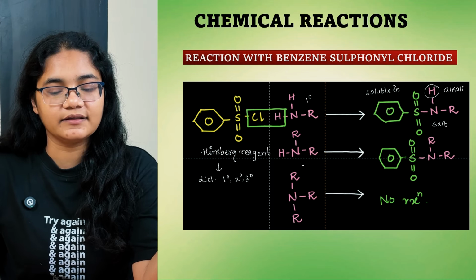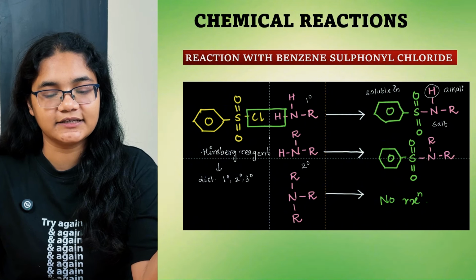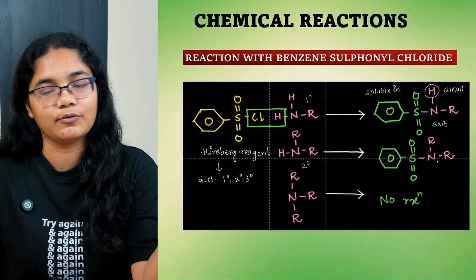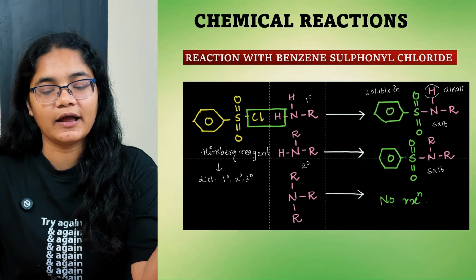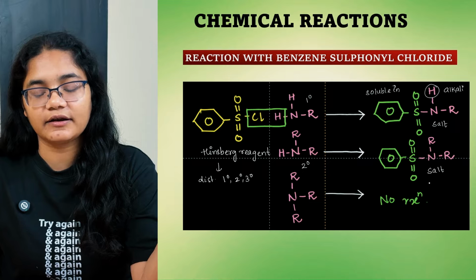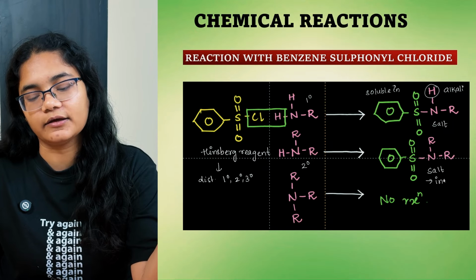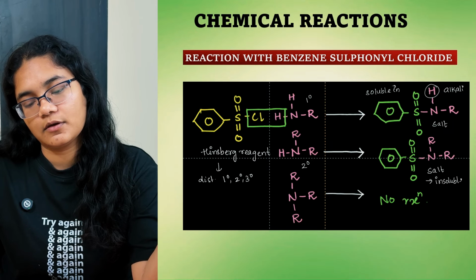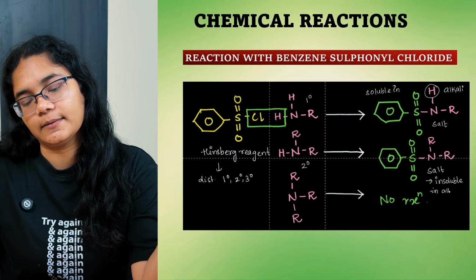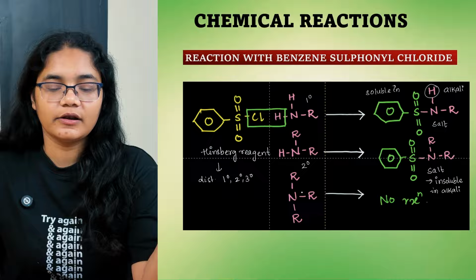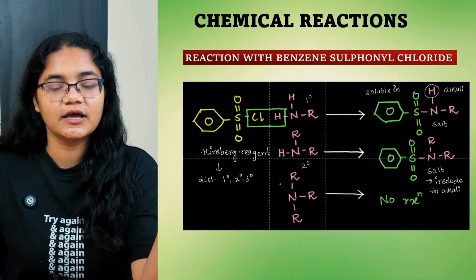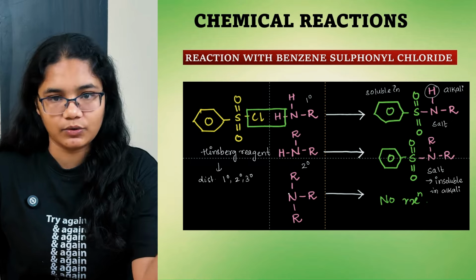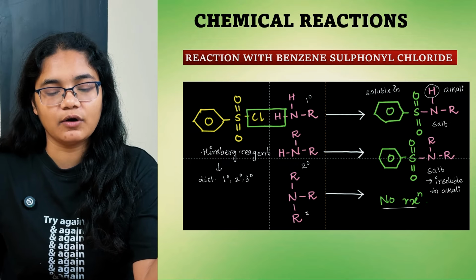Now if we have the secondary amine, HCl will be removed and you will get a compound like this, and in this compound there is no hydrogen on N, so it is insoluble in alkali. Now if all three H are replaced with R groups, then there will be no reaction, and that is a tertiary amine.